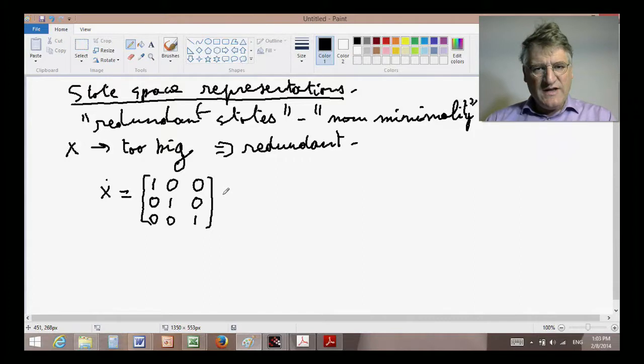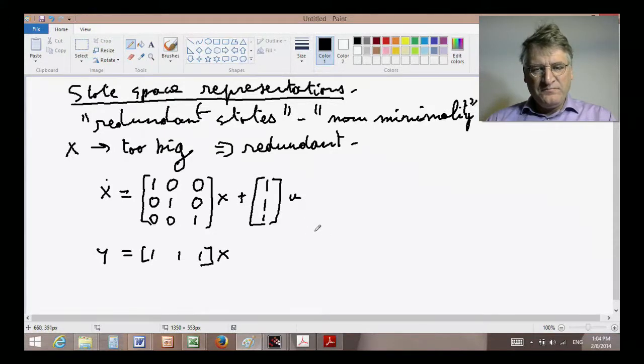In such a way that this is X dot is equal to X plus 1, 1, 1 times U. And we write that the output Y is equal to 1, 1, 1 times X. And we have the initial condition X of 0 equals 2, 2, and 2.